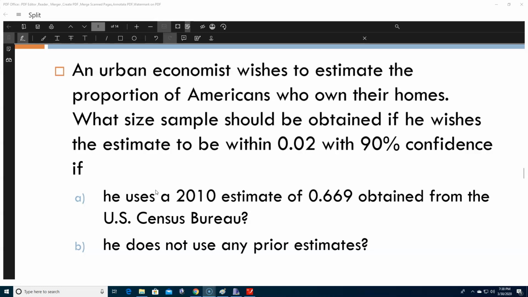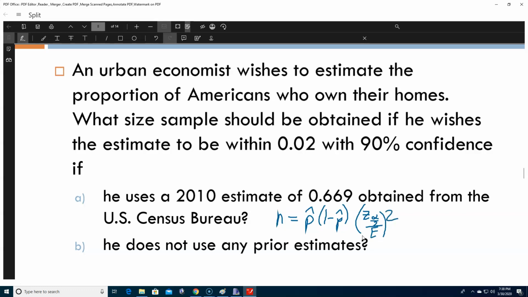For these two problems, we're going to use n equals p hat times 1 minus p hat times z half alpha divided by e, squared.